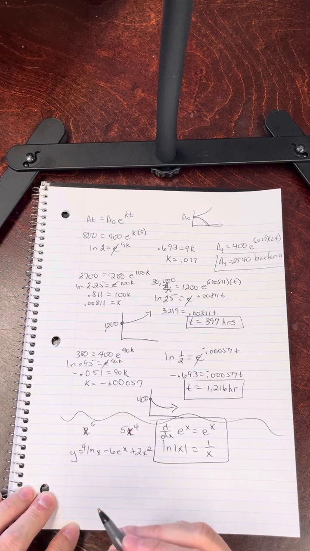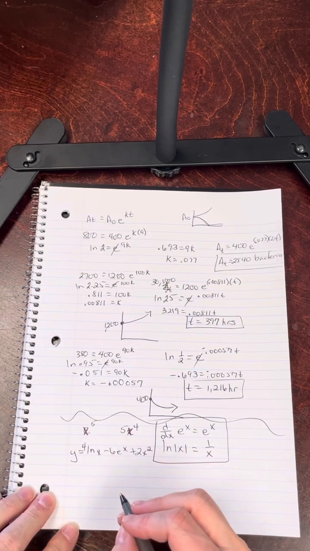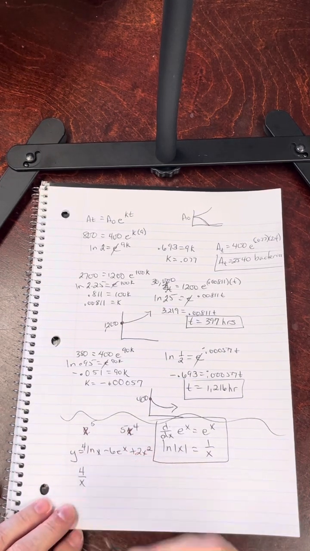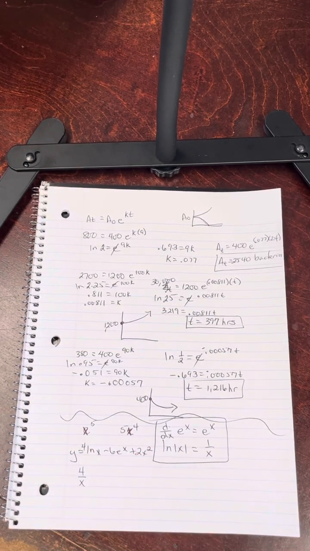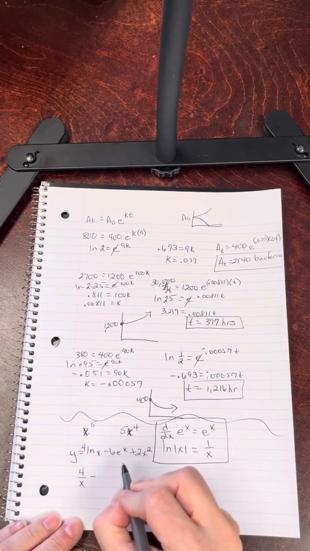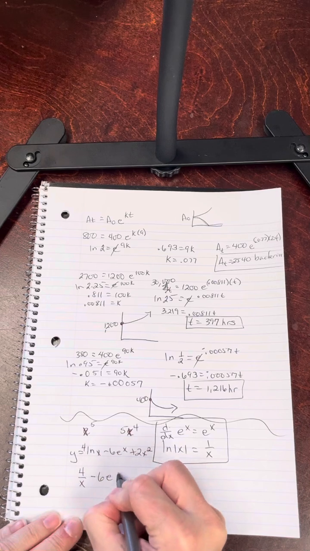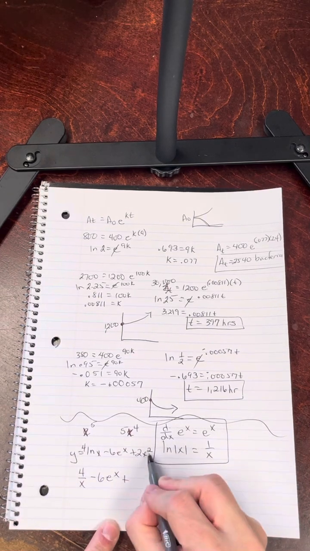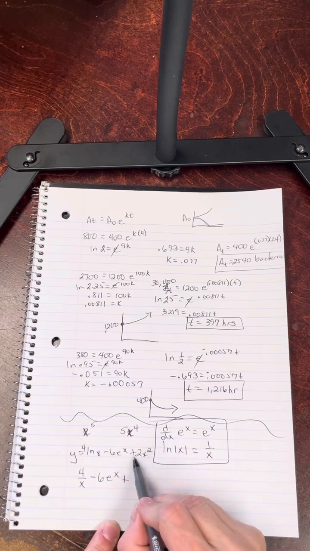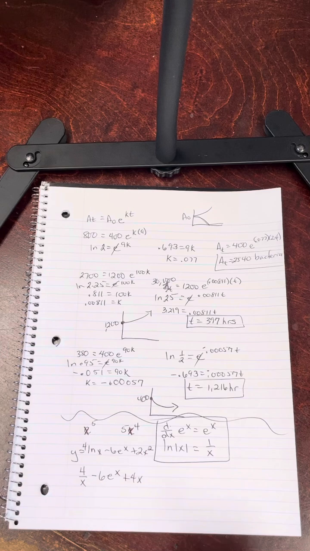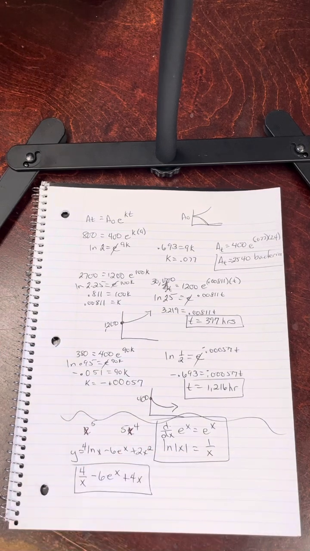So this is going to be 4, and then the natural log of x is 1 over x. So basically that's 4 over x. And then the next piece minus the e to the x remains e to the x. So that's 6e to the x, no change, plus, and then we follow our lovely shortcut. 2 times 2 is 4. x, 2 minus 1 is 1, so I don't have anything else extra with that. There's the derivative they asked for.